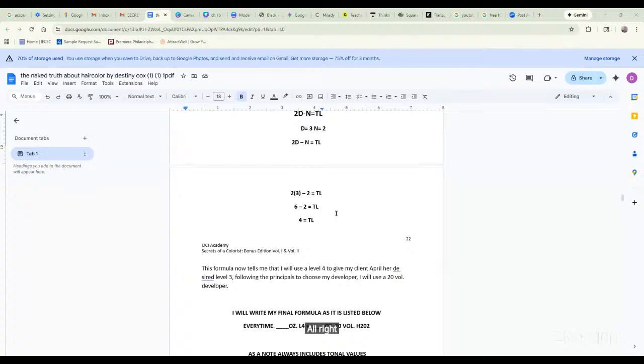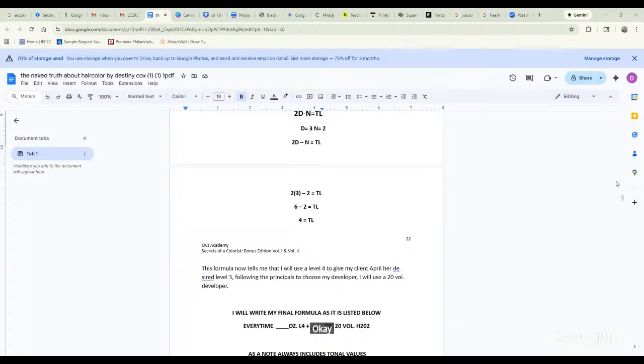We have to show our work. And so we're going to go to the cabinet and pull out a level 7. So level 7 is our target level. To get us from level 1 to level 4, we need to go and get a level 7.